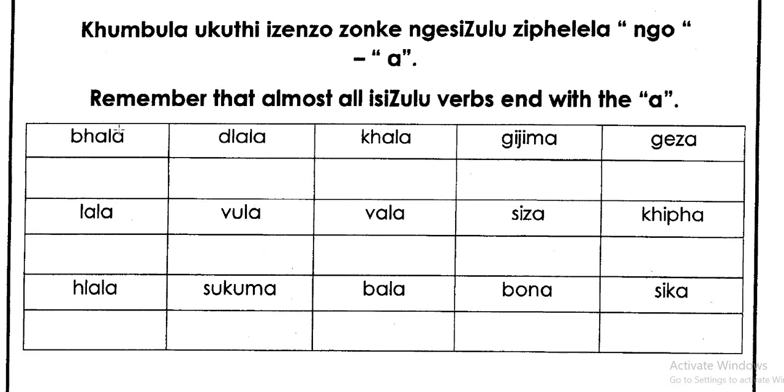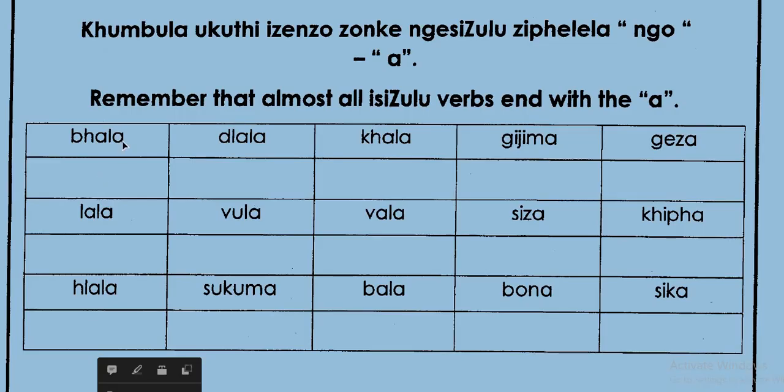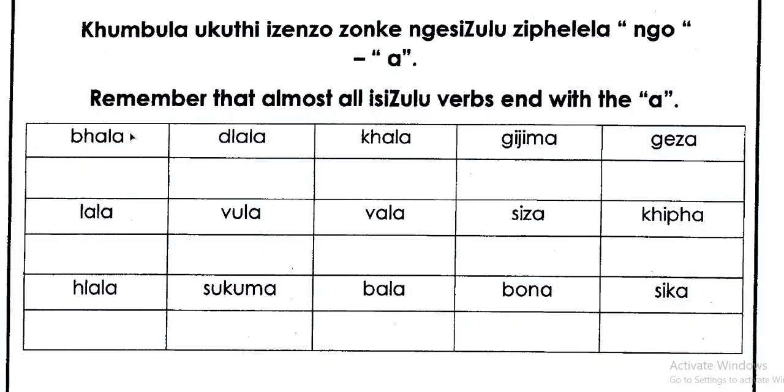If a verb ends with the R in Zulu, and they change it from the present tense to the past, they must remove the R, and it is replaced by the A or the ile.